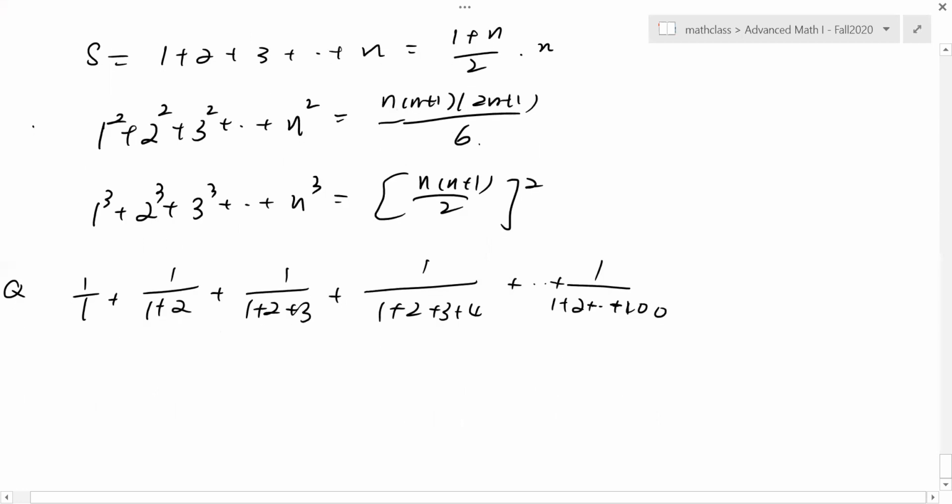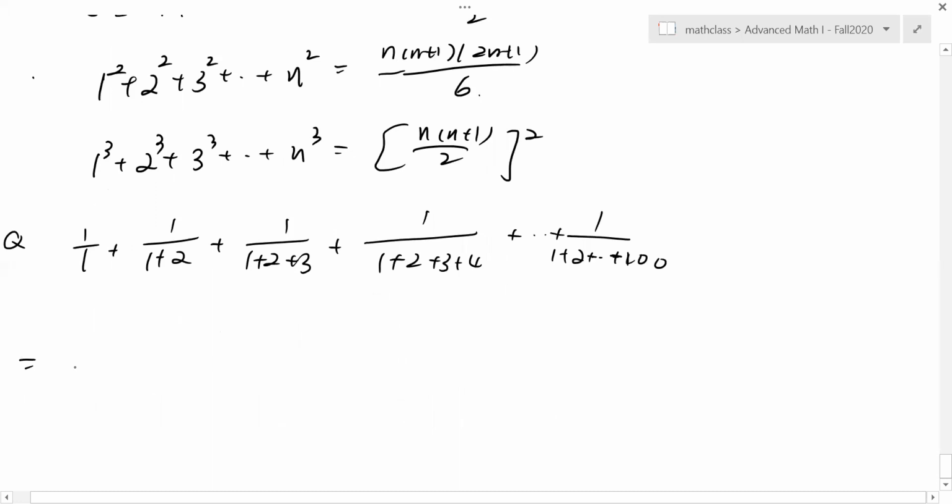There should be some trick here, right? So to do this problem, I just need the formula: 1 plus 2 plus 3 all the way to k is k times k plus 1 over 2, right? And that's all we need, okay?